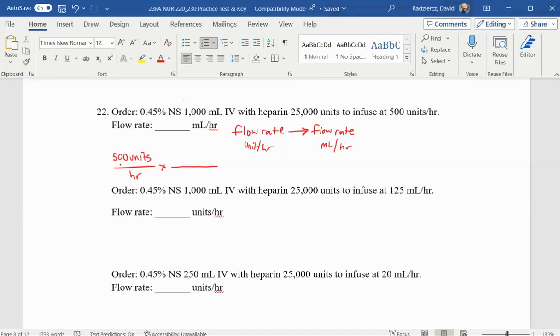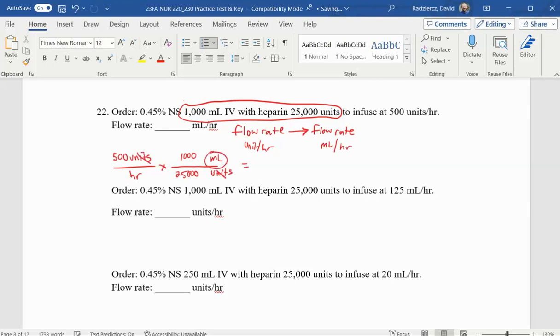What I'm trying to do here is get rid of units and convert to milliliters, and my available IV is what's going to allow me to do that. So having 1,000 milliliters over 25,000 units is what's going to allow me to convert units per hour to milliliters per hour.